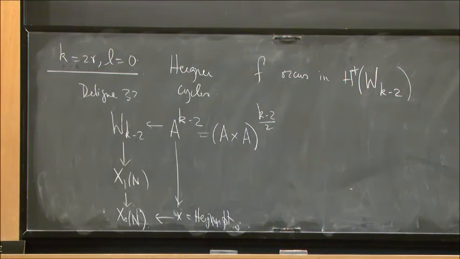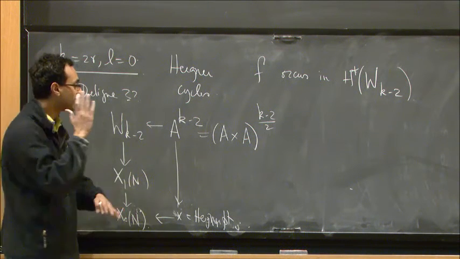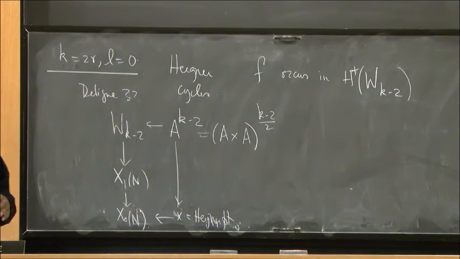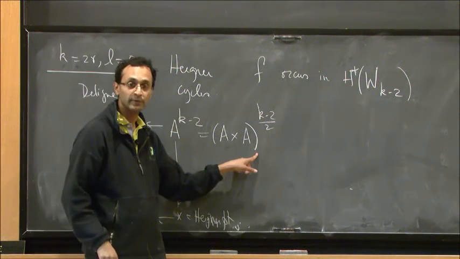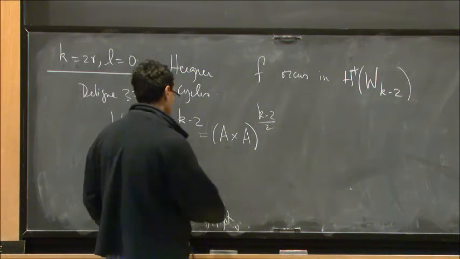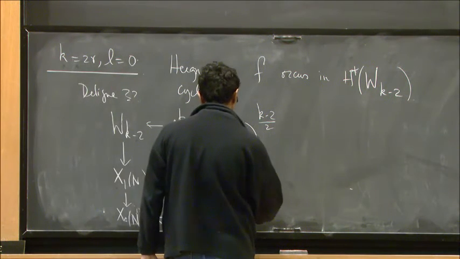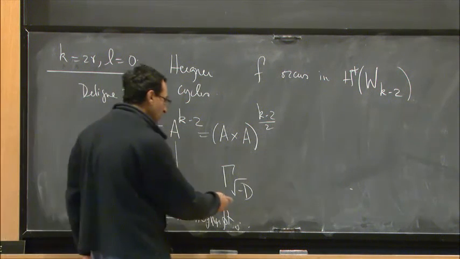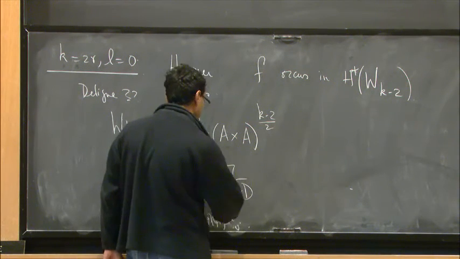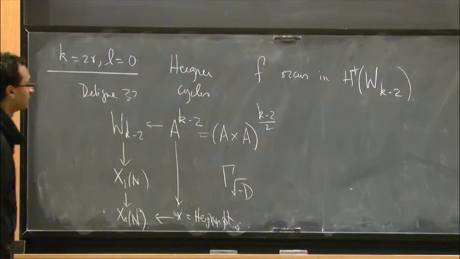Okay. And now the intuition is that when you think of this as a fibration, you want to pick an extra cycle that doesn't deform in the family. And there is an extra cycle here. It just comes from the graph of square root of minus d, where minus d is the discriminant of K. That gives you an extra cycle over there.